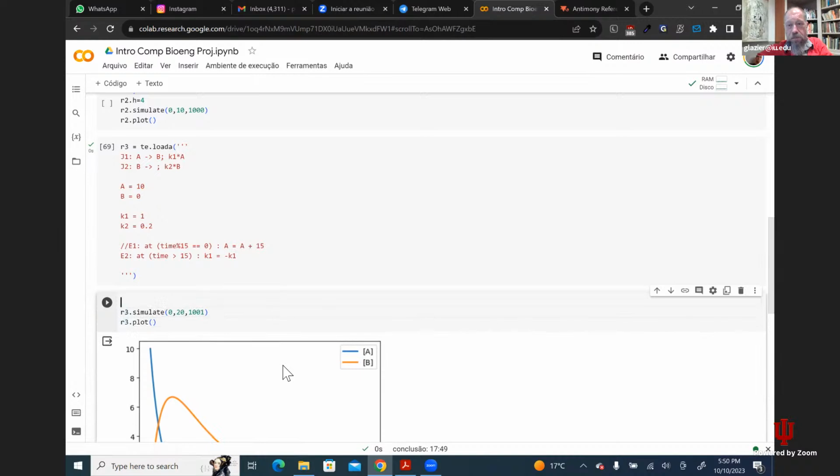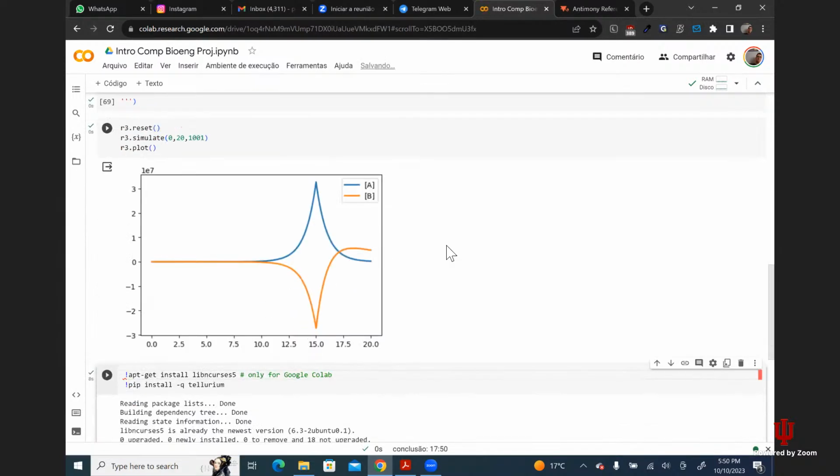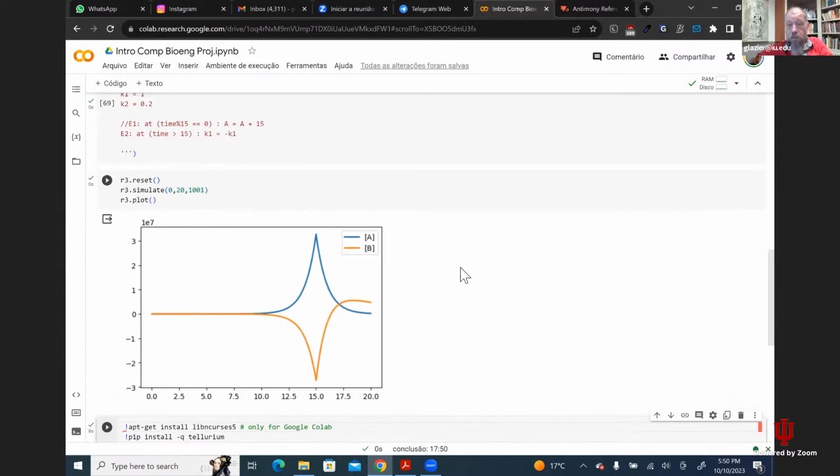Does anybody else have something they want to show? Ibrahim, do you want to show us something? So I just had a question. We can just do it based off what Pedro had shown also, but I was just wondering how we have negative concentrations. So a negative concentration doesn't make sense in a chemical reaction.